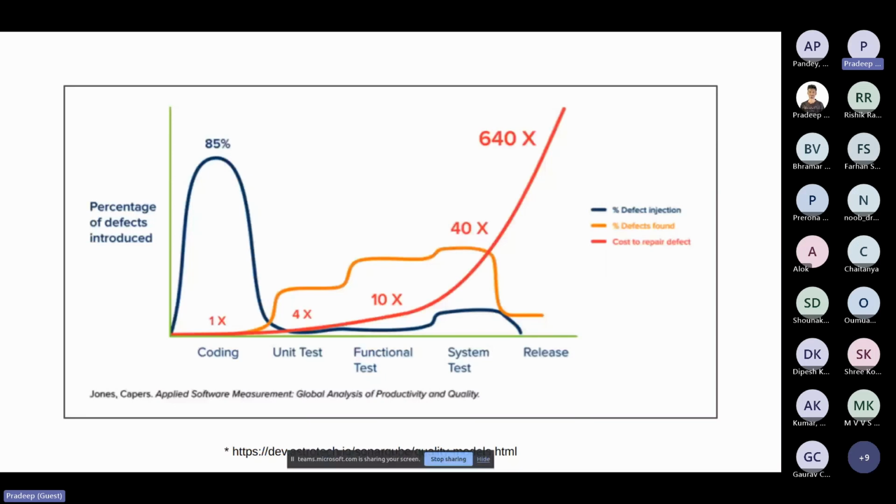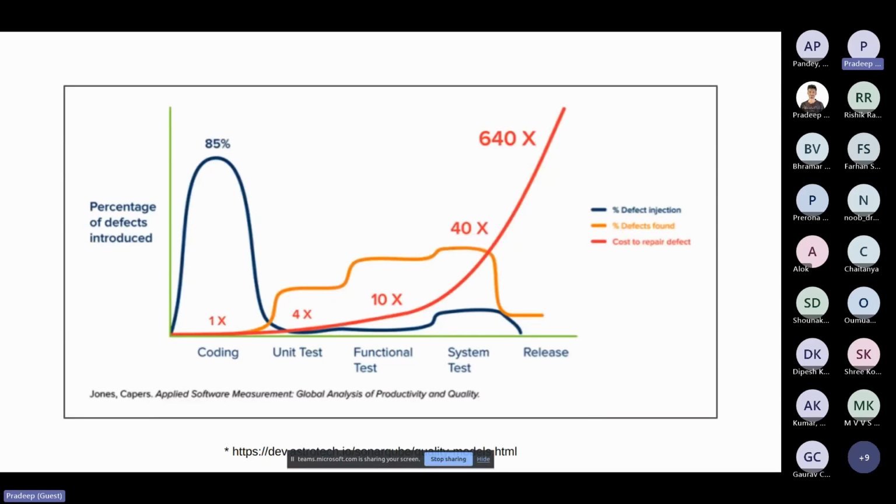And of course, there's also this survey that happened in the 1990s, where you have different phases of development, from coding, unit testing, functional test, system test, and release. The author plotted the number of defects that were injected during the process, as well as defects found during testing, as well as the cost to repair the defect.